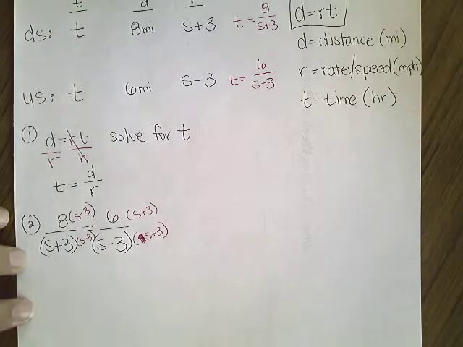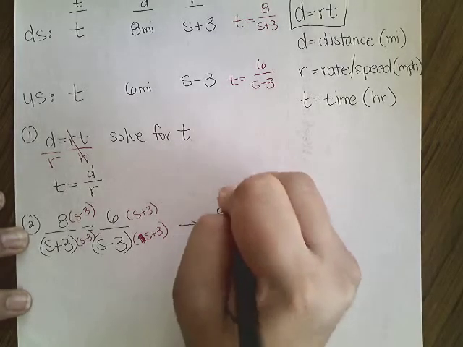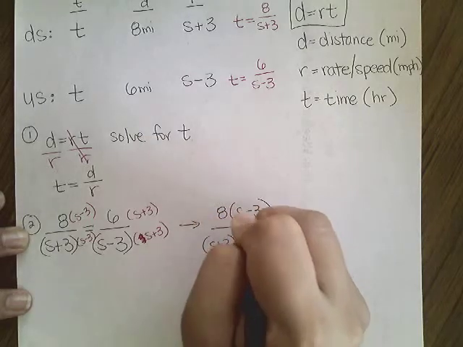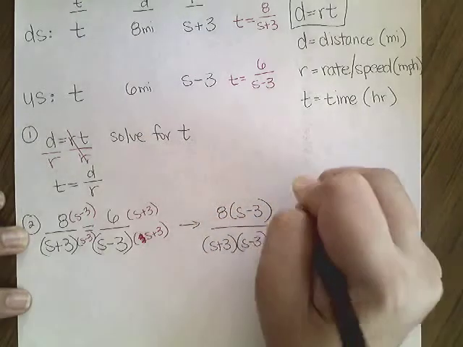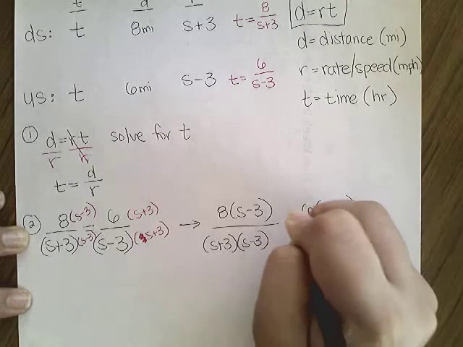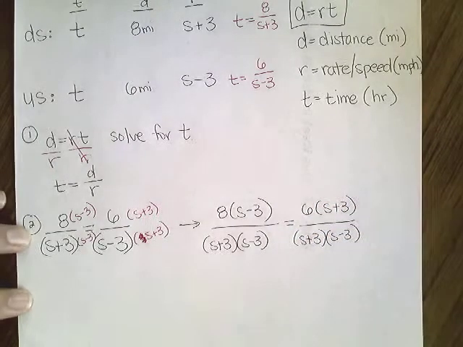Rewrite the fractions so that they have the same denominators. 8 times S minus 3 over S plus 3 times S minus 3 equals 6 times S plus 3 over S plus 3 times S minus 3.